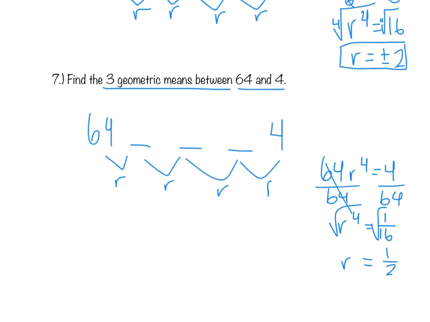And it is a fourth root, it's an even root, so it's plus or minus 1/2. So when I go to do each one, I'm going to multiply by plus or minus 1/2. So since this is an even term, this will be plus or minus 32, whereas this one will just be 16. And this one will be plus or minus 8, and then that one will be 4. So that's geometric means. Don't worry, if anything's a little confusing, we'll definitely go over some of this.